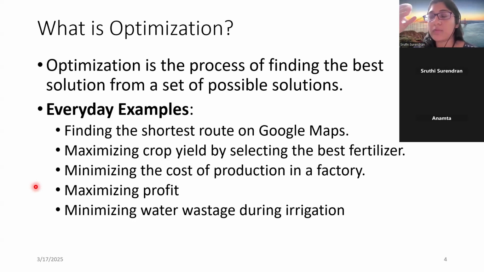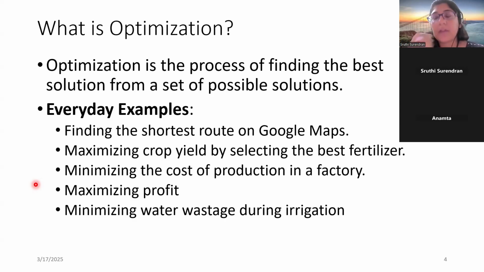So the best route would be the other one, where it is not the shortest route, but a lot of congestion can be avoided. If our requirement is to reach a place without a lot of traffic, then we can choose that route. So we have a lot of ways to reach that point, but which of them is the best is what we get through optimization.